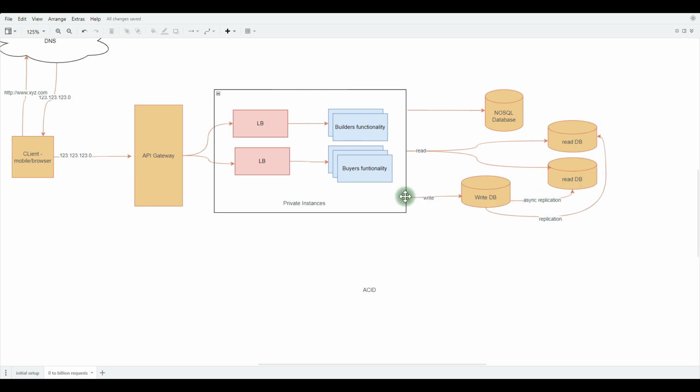So if something goes wrong with this one in here, I can always route the write request towards any of the replicas that is available to take care of the write request. So if anything goes wrong with this one, and this connection is not proper in here, I can have this route to the read.